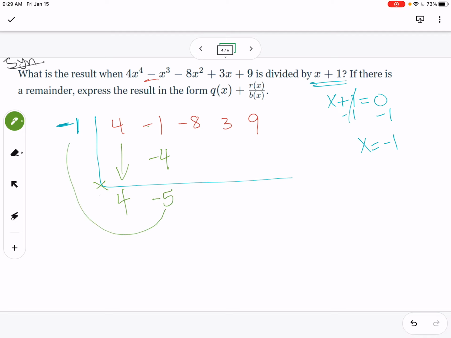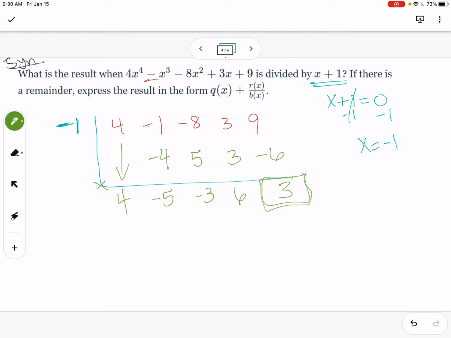Again, we multiply with what's here. So that's 5. And I'm going to get -3. -1 times -3 is +3. So remember, I'm always multiplying here. I'm always adding down. 3 and 3 make 6. 6 times -1 is -6. And my remainder is what's going to end up here, which is a 3.